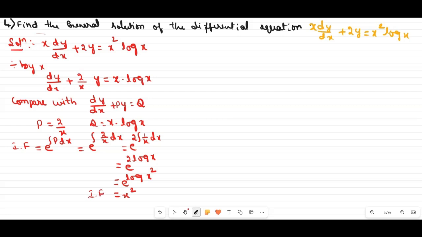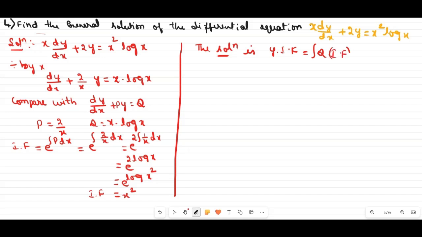Therefore, let me write the solution of this question. The solution is y into integrating factor is equal to integral of q into integrating factor with respect to x plus c. So y, as it is, you write down y.